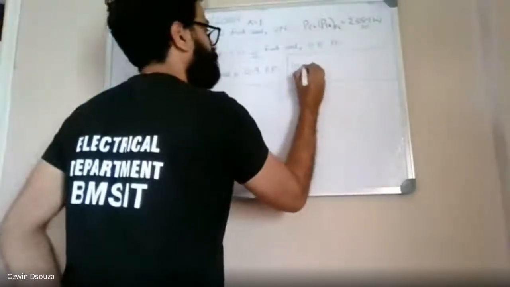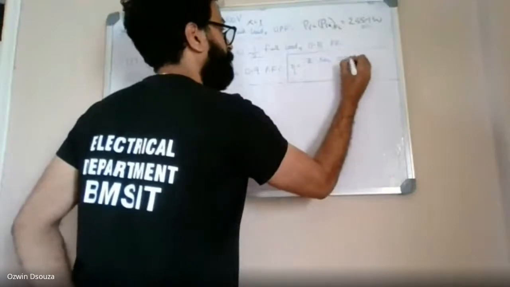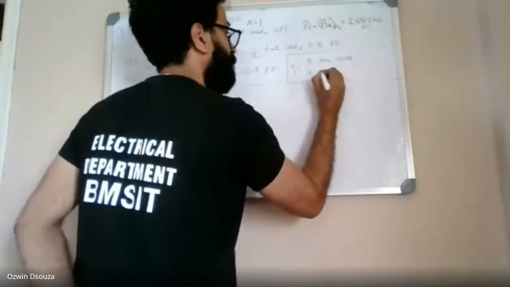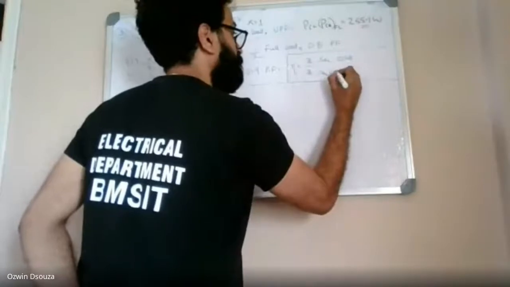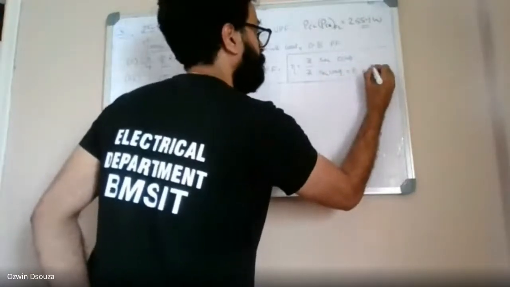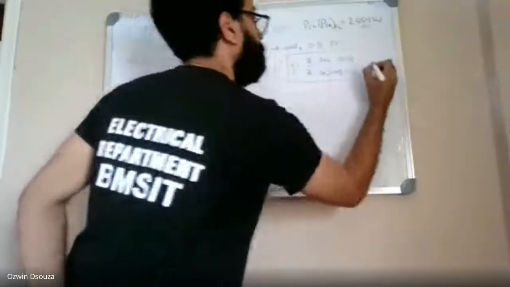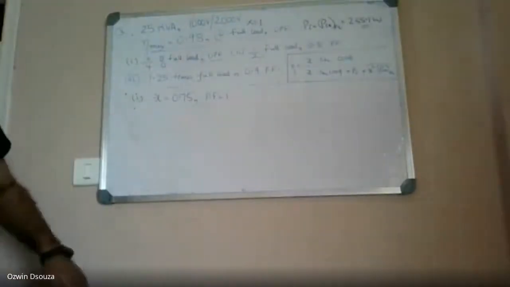So eta is equal to X SFL cos phi divided by X SFL cos phi plus iron loss plus X square times PCU.